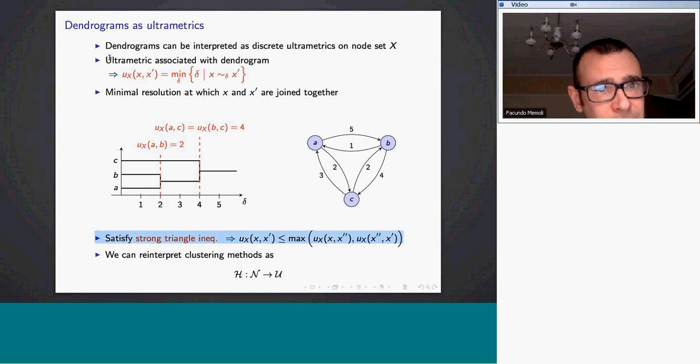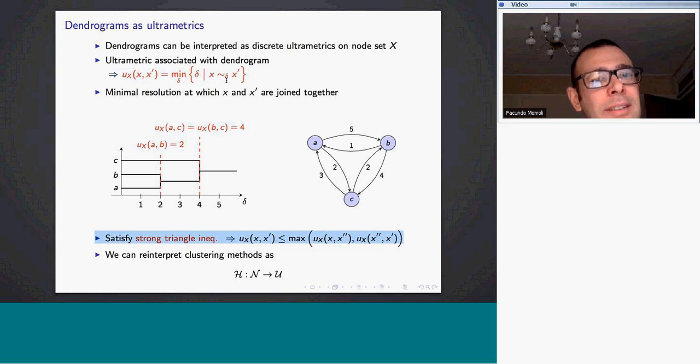Given a dendrogram, you assign to each pair of nodes x and x prime the minimum value delta of the scale parameter such that the two nodes are in the same block of the partition D of delta.